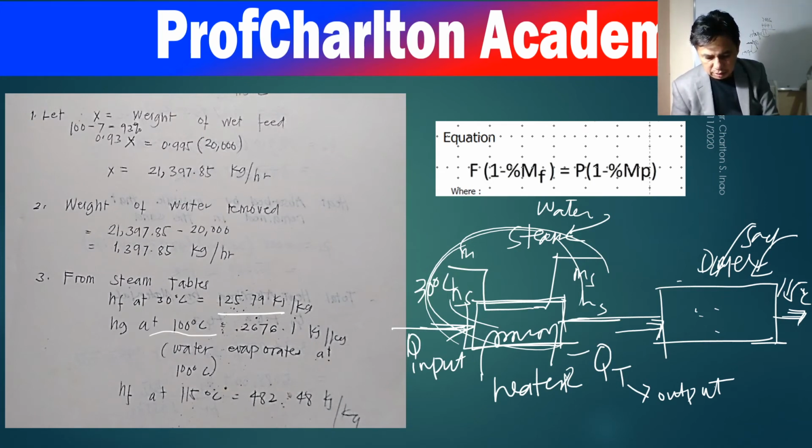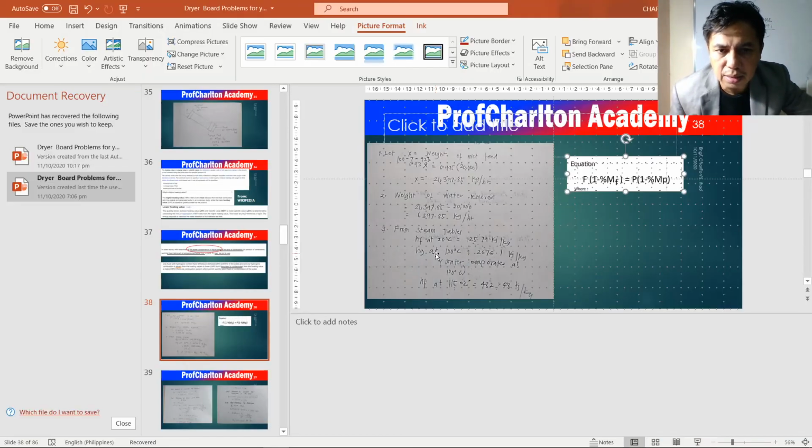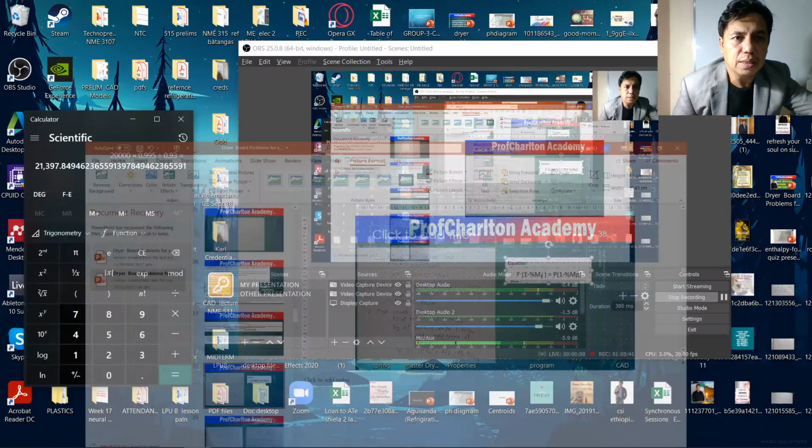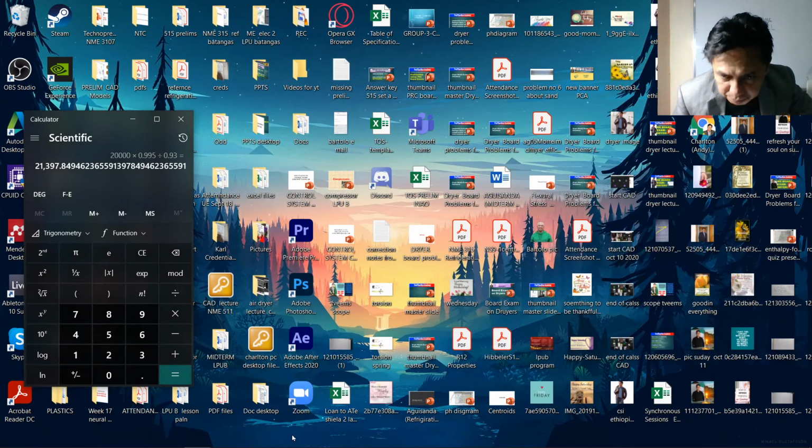So here is 30 degrees centigrade, and then 100 degrees centigrade, and then 115 centigrade. So let us use the internet. Let us see if we could get something from here.